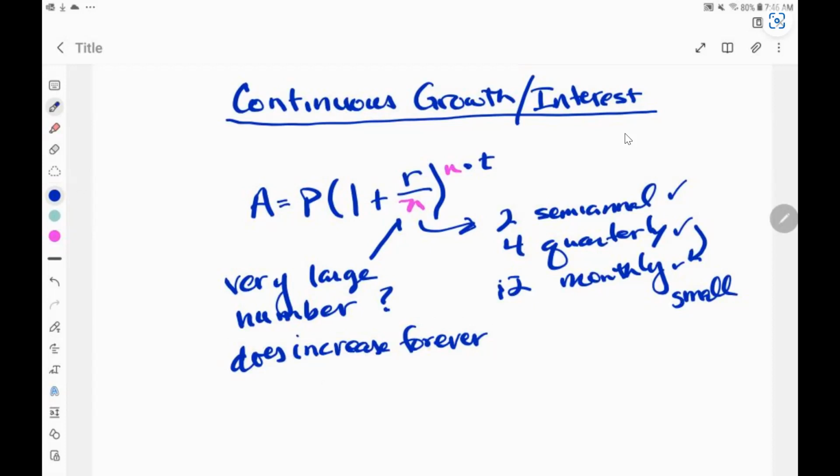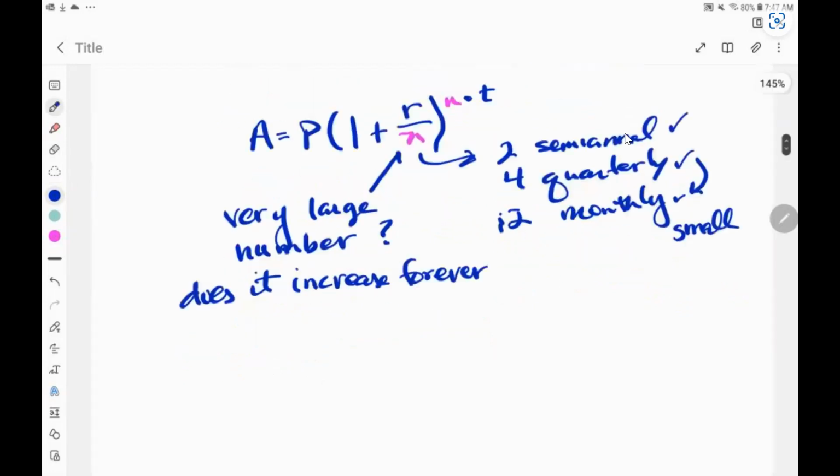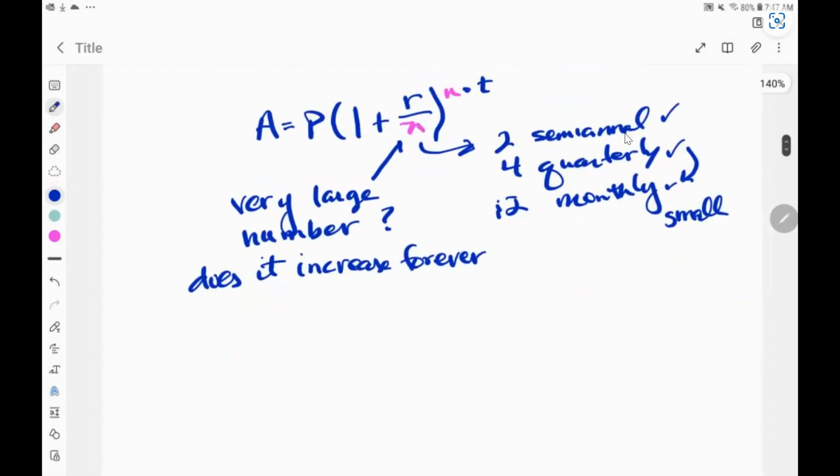Does it increase forever? All right, and so we're just going to do a little math trick here. I know you love math tricks. There we go.